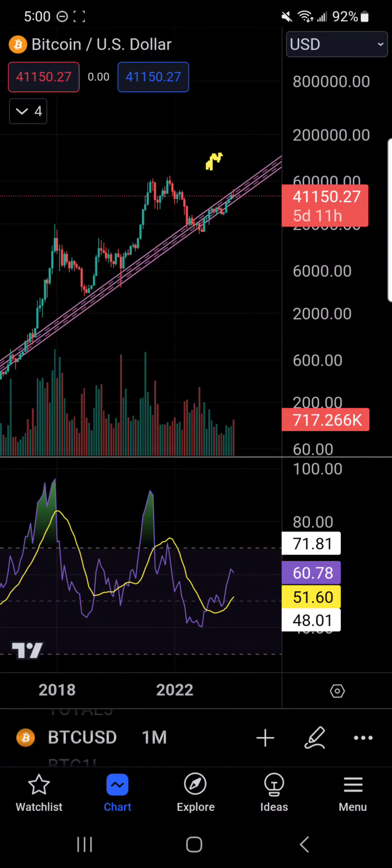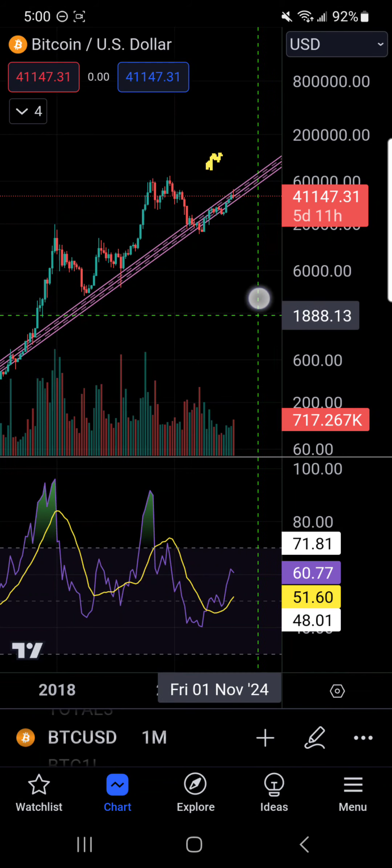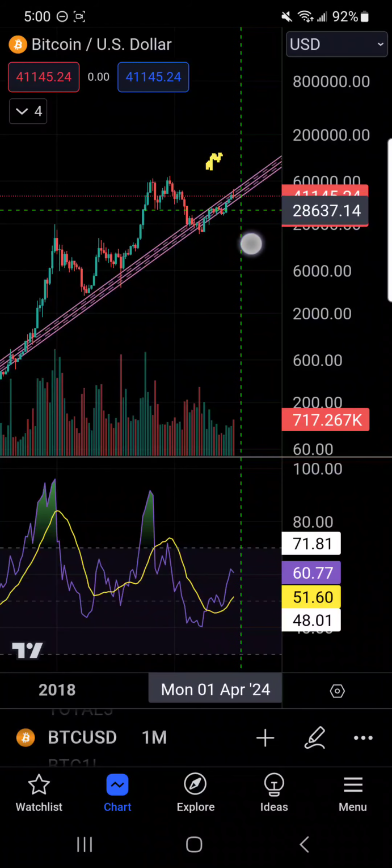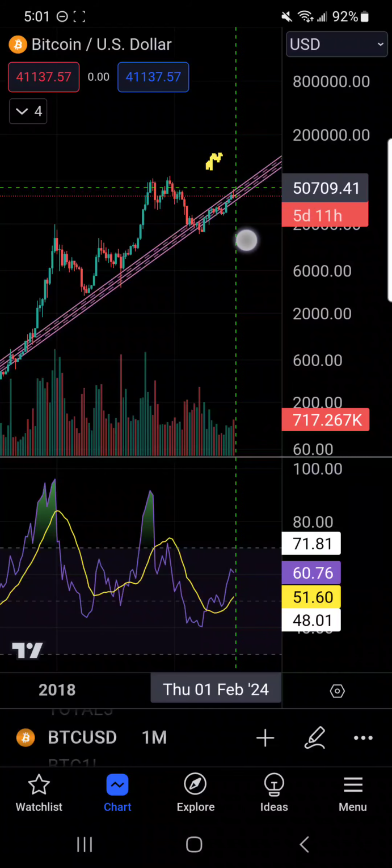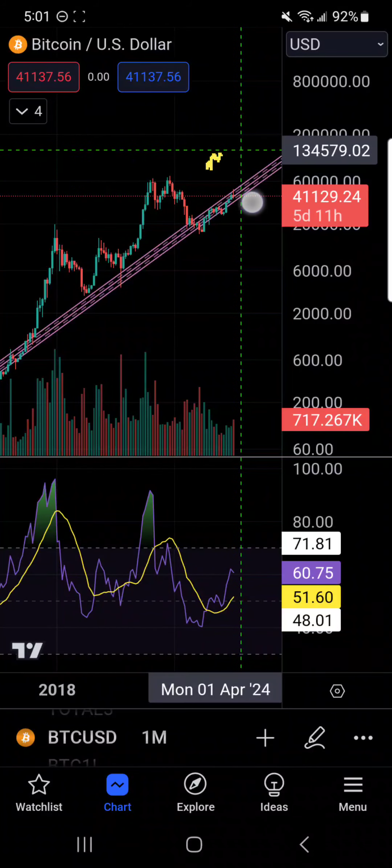Got a much clearer idea of what's going on here. And it's not anything like coming down here. More likely than not, we go up here.